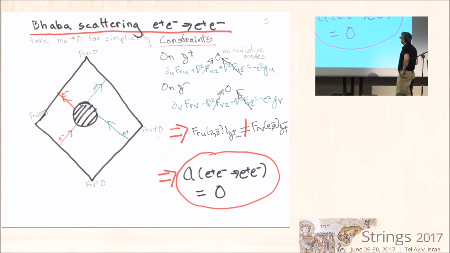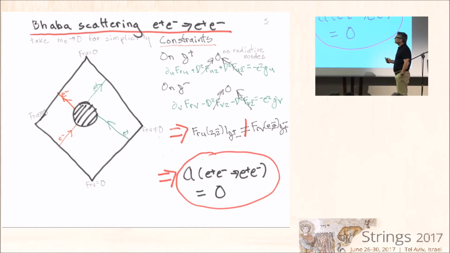Now, we have to solve the constraints here. And here is the constraint equation written out on scri plus. So the source is here the positron and the electron going up to scri plus. And this holds for every u and z. These are coordinates on null infinity.